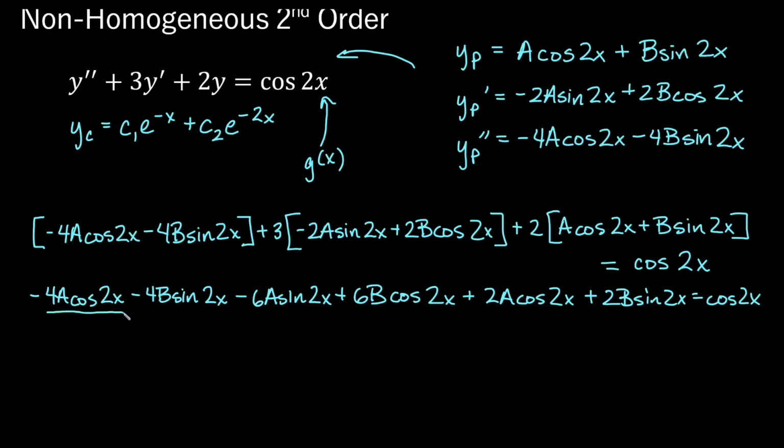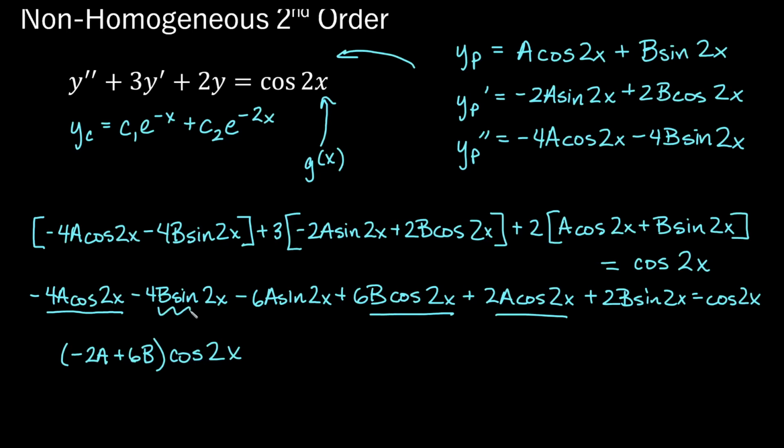So I have a cosine term here, and here, and here. So if I think about it, I have negative 4a plus 2a, that would give me negative 2a, and I have 6b, so I have negative 2a plus 6b cosine 2x. So that's all of those terms.